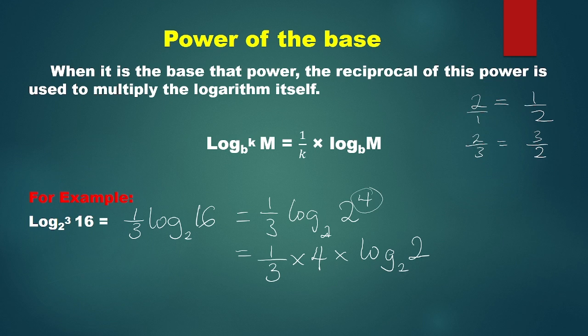Now I have a power in my log, and as in the previous law, you use the power to multiply the log itself. Now we simply have 1 times 4 is 4 over 3 multiplied by log of a number in the same base, which is 1. So my final answer here will just simply be 4 over 3. So I have simplified this into this.